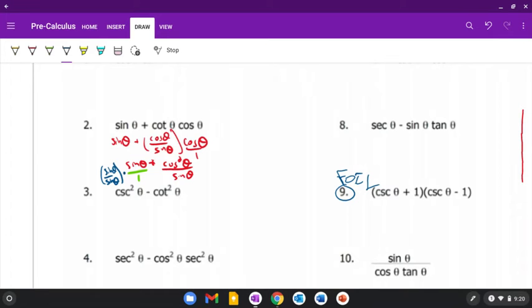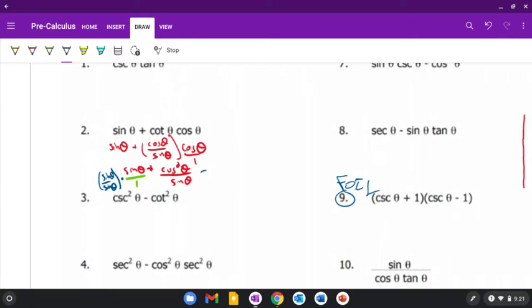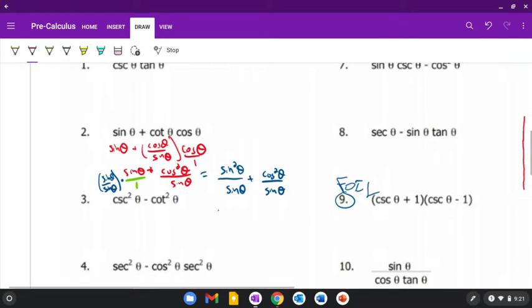We can do that because sine over sine is just 1. Now by doing that, it'll give us a denominator of sine theta. So we get sine squared theta on top over sine of theta plus cosine squared theta over sine of theta. So I just changed that first one to give it the same common denominator. I can then add the numerators, sine squared theta plus cosine squared theta, over the one denominator.